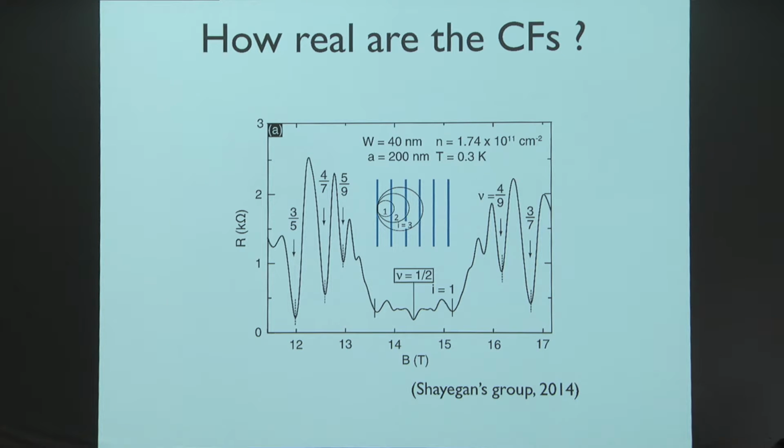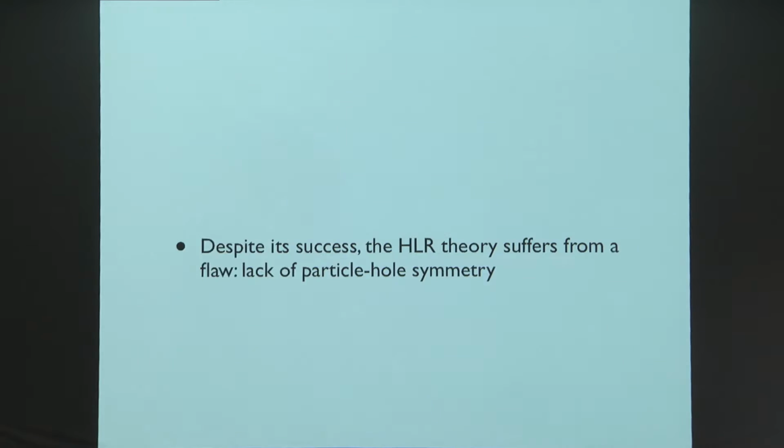The diameter of the orbit is commensurate with the wavelength of the perturbation. The composite fermion seems to be a real object, a real low energy degree of freedom in the quantum Hall effect near half filling. But despite its success, the HLR field theory suffers from a flaw, which is the lack of particle-hole symmetry.